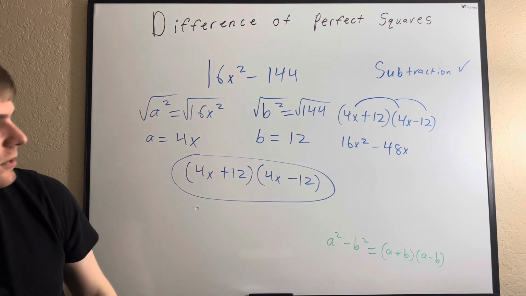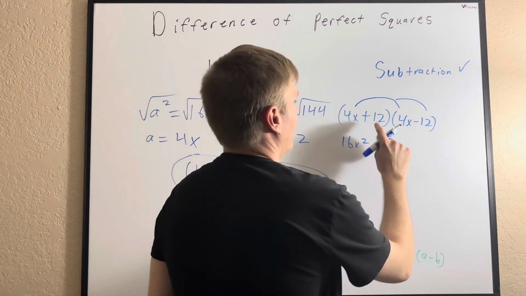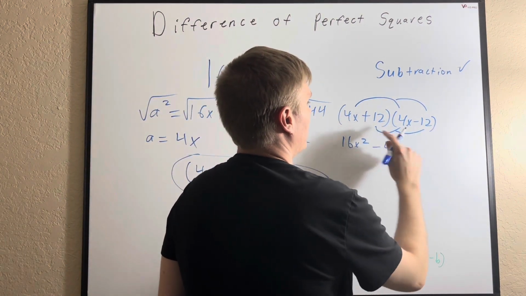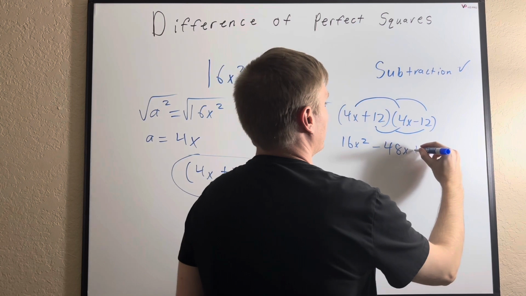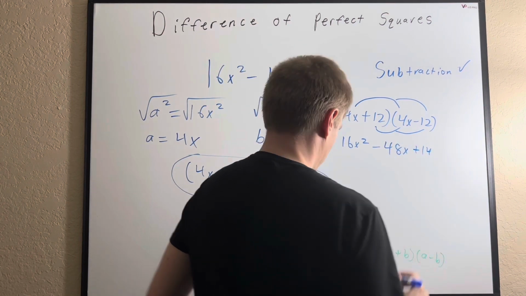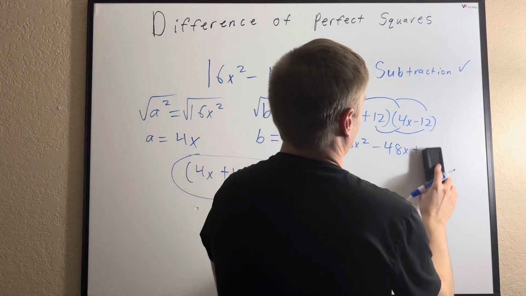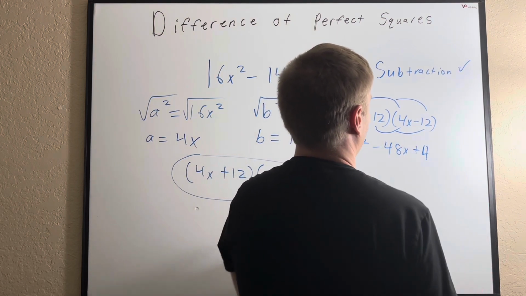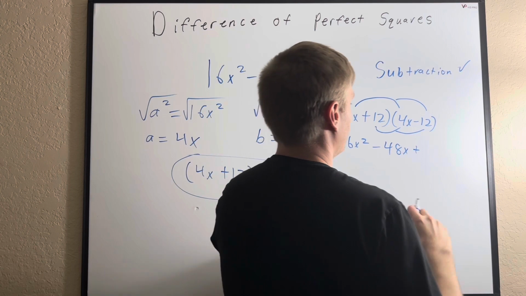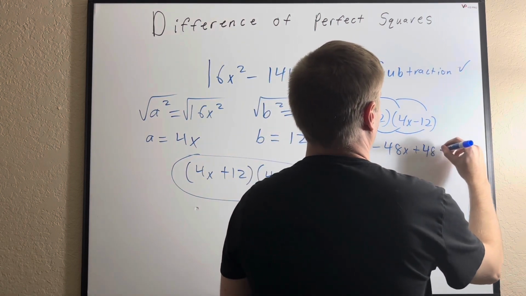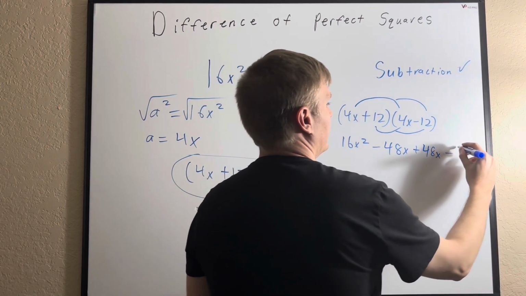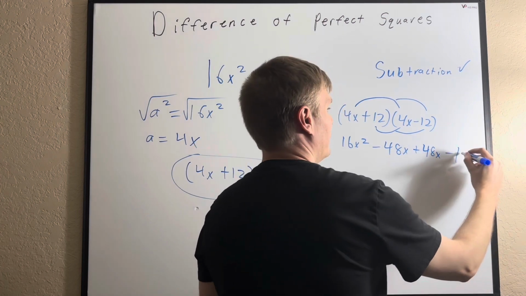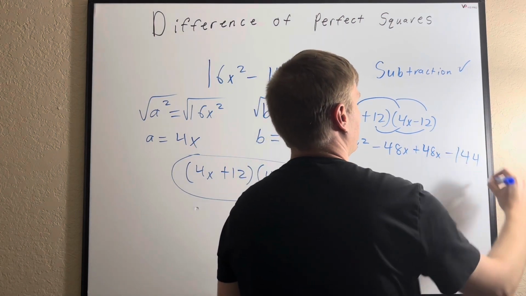Yeah, 12 times 4 is 48. Okay, now the other one, distributive property, 12 times 4x, positive 48x. Can't write today. Positive 48x minus 12 times negative 12 is negative 144.